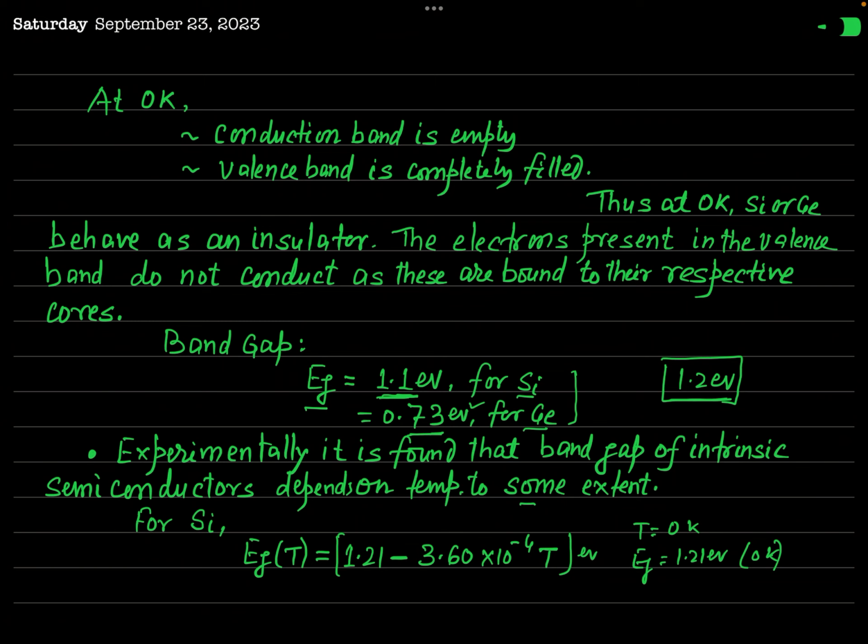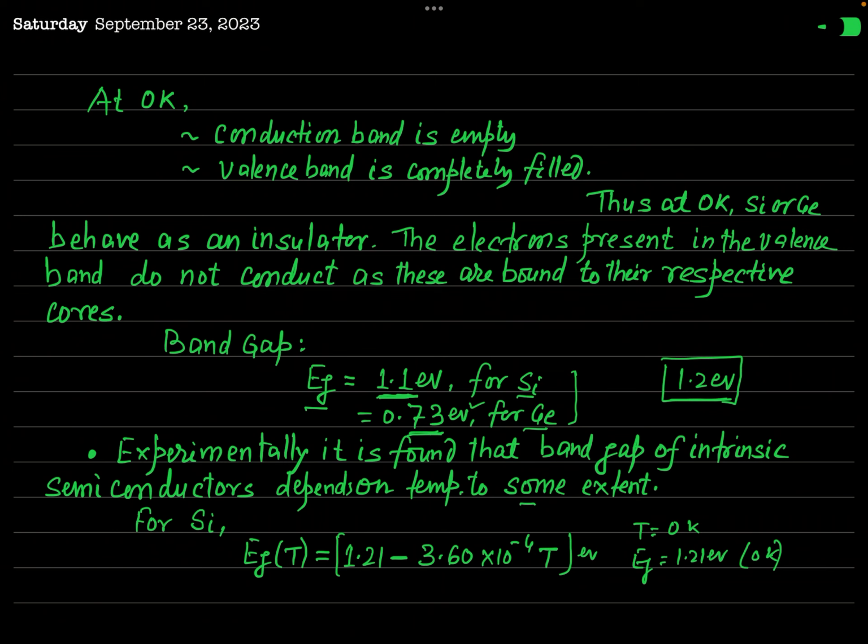When the temperature is 0 Kelvin, then the band gap of these semiconductors will not be equal to 1.1 electron volt and 0.73 electron volt. And when the temperature is much more than 0 Kelvin, even then it will not be equal to these values.